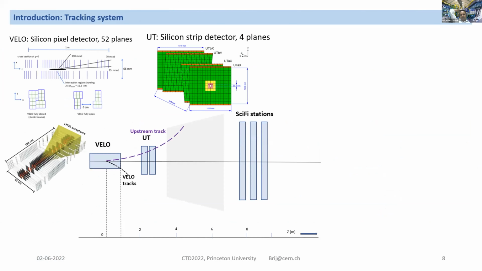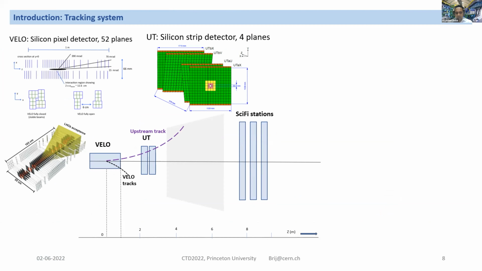Then we have the UT, which is a silicon strip detector with 4 planes. And matching the Velo tracks with the UT hits, we create the UT tracks. This is not going to be online for the first year of data taking, as discussed in the previous LHCb talk by Alessandro.